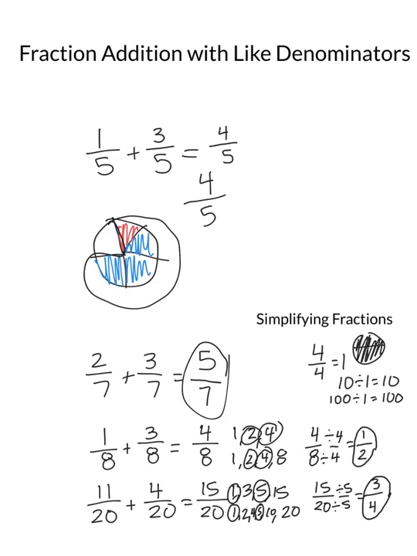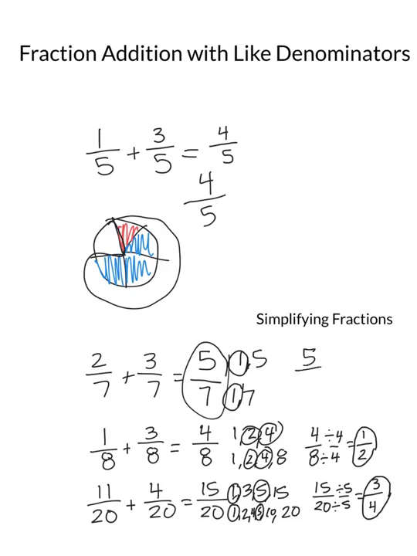Let's go back up to this one here, 5/7, and let's look at why this one cannot be simplified. What numbers can I divide 5 by? 1 and 5. How about 7? 1 and 7. So, in common, I have 1. So let's see what happens when I divide the top and the bottom, the 5 and the 7, by 1.